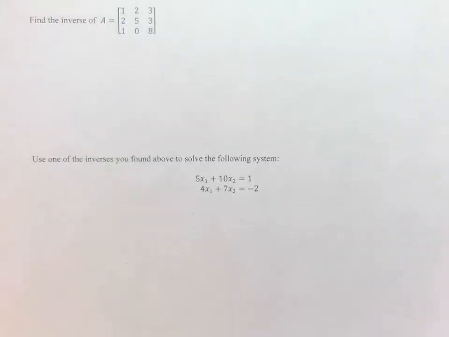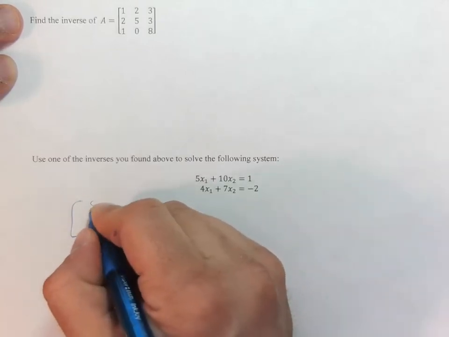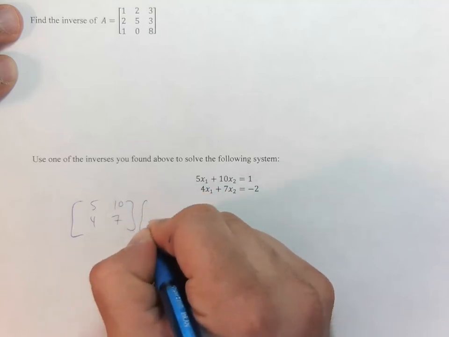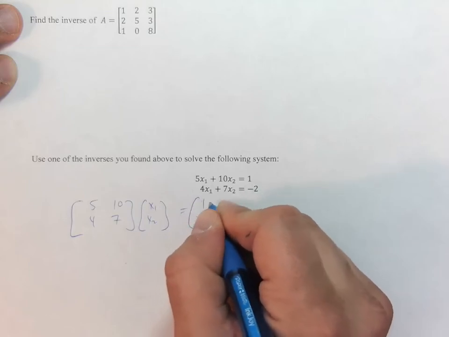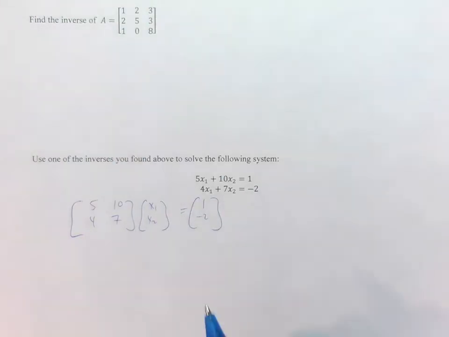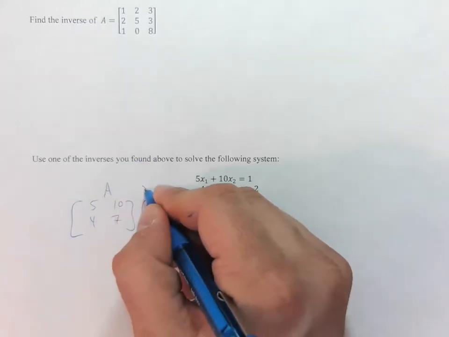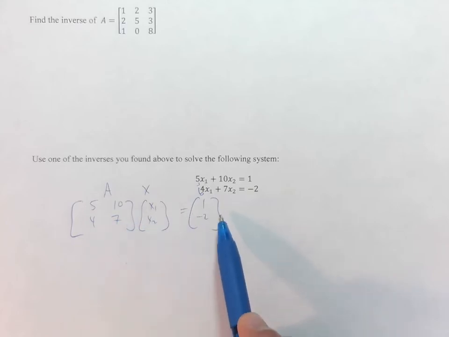And so this is the linear system: 5, 4, 10, 7, x1, x2 equals 1, minus 2. And so you would find the inverse of this. This is like Ax equals b. Find the inverse of this one, multiply it on the left by this, and that would be the answer.